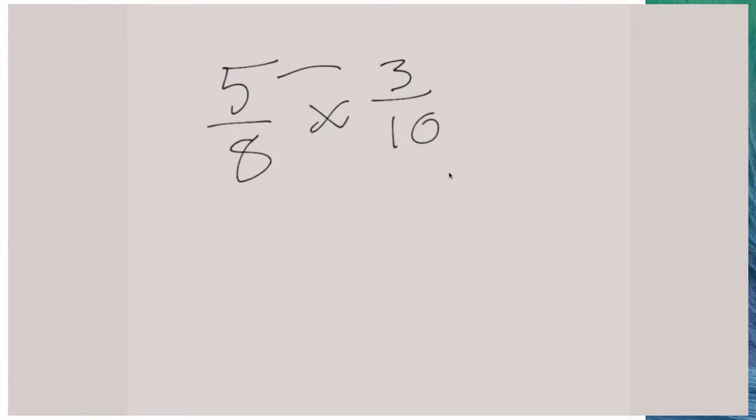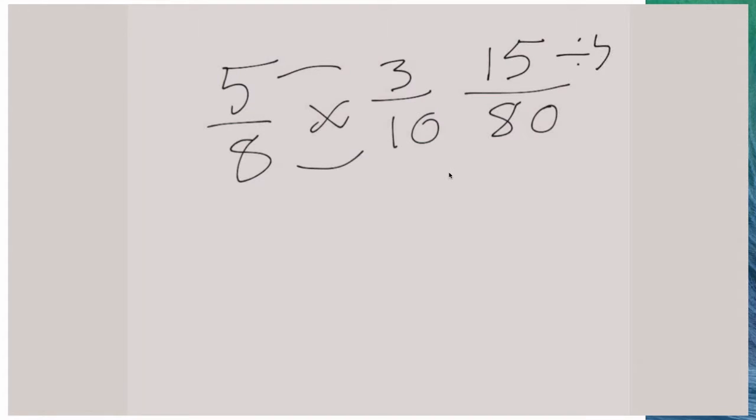For this one, let's go ahead and try 5/8 times 3/10. So we're going to start out by timesing our numerators. 5 times 3 is 15. 8 times 10 is 80. In this case, I do have some common factors.